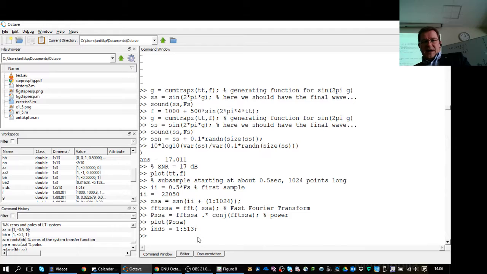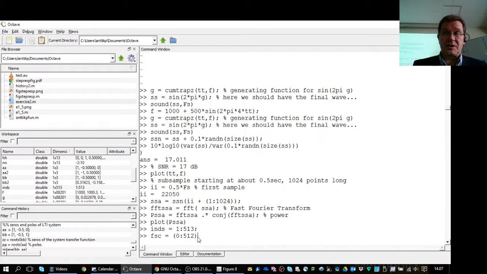So my frequency scale for this one, FSC, is from 0 to 512 points.